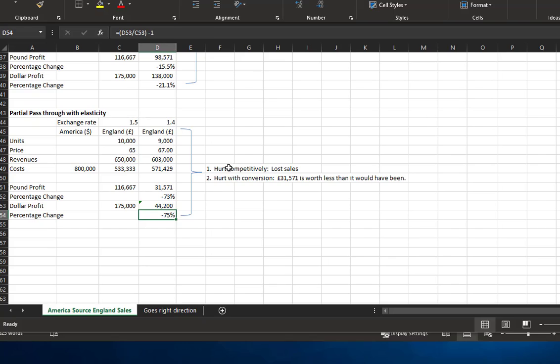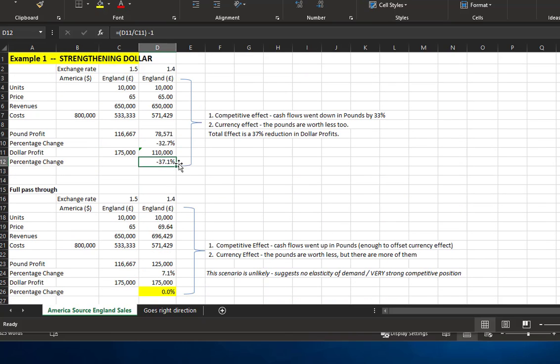So we've been hurt both competitively because we've lost sales. We're trying to claw back some of that money that we would have otherwise had. And we're also hurt with the conversion. Now, clearly, this is worse than the base case. If we go all the way back up here, where we just ate it, right? We didn't try to mess with the prices. This would clearly be a better response from the company standpoint.